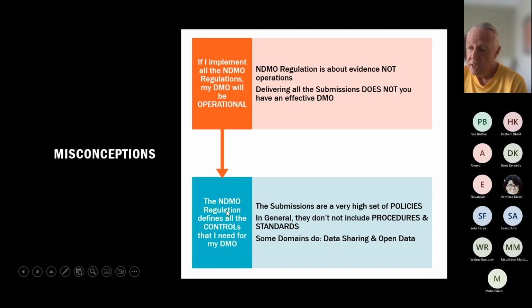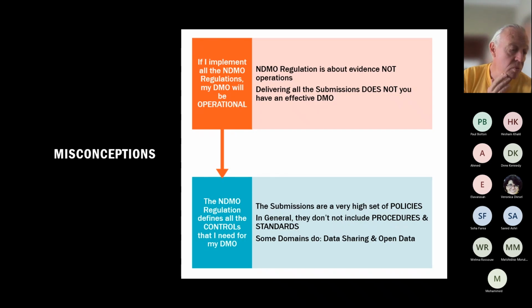The next misconception I find is that the NDMO regulation defines all the controls that I need for my DMO. Okay, and a simple example was some of the issue management that we had to put together pretty quickly because we were starting to execute on the DMO and there wasn't any issue management.